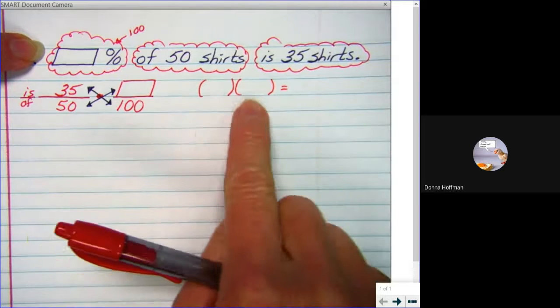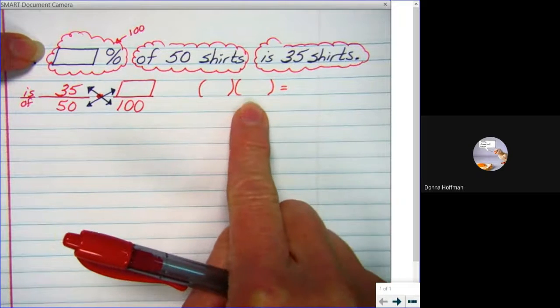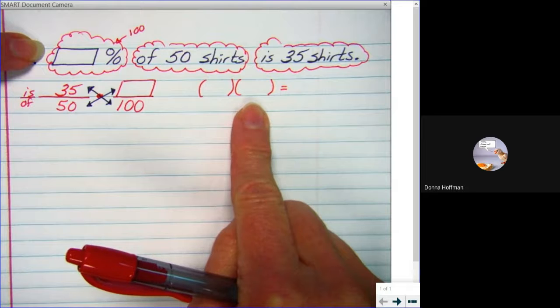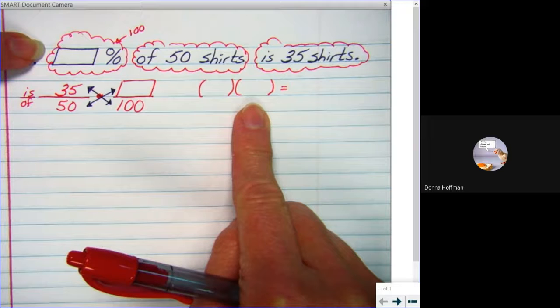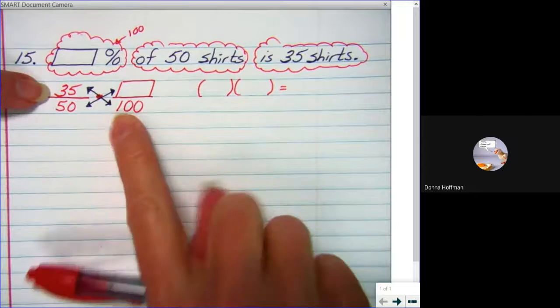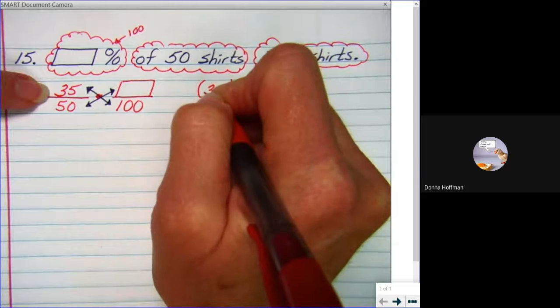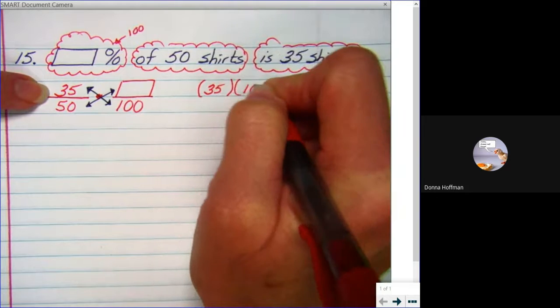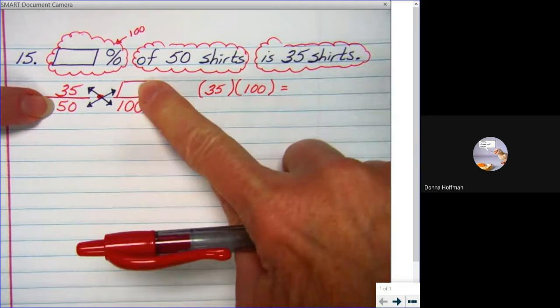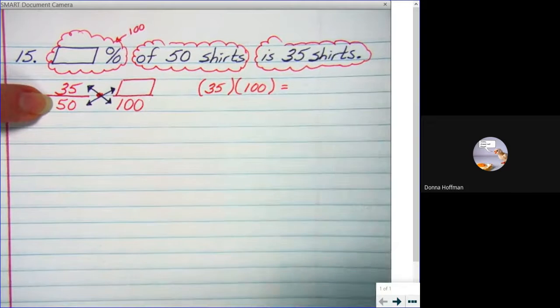So I got my two sets of parentheses set up. Nevaeh, what do I plug in? 50 and 100, is that crisscross? 35 and 100. And then what's left on the other side? 50 and the X.